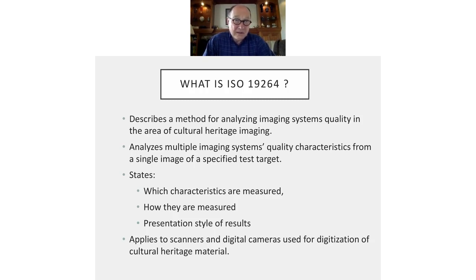The observation was, well, can't we collaborate on this and come up with a common set of metrics and what they're supposed to do? That's what standards organizations are meant to do, to bring agreement on how to do things. And that's what 19264 is.